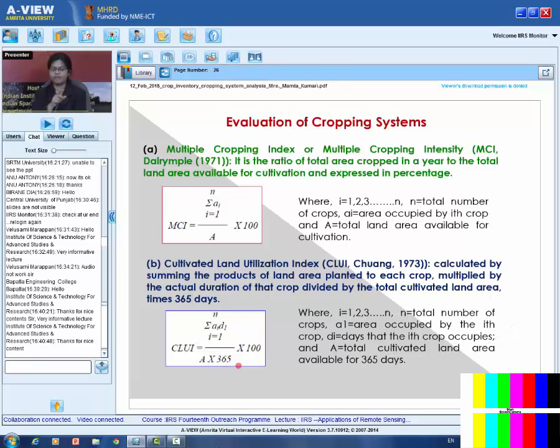Then we divide it by 100 into 365, and whatever value we get, that is CLUI. It tells that in a year when and where land has not been utilized.